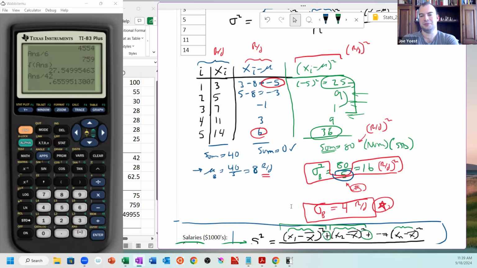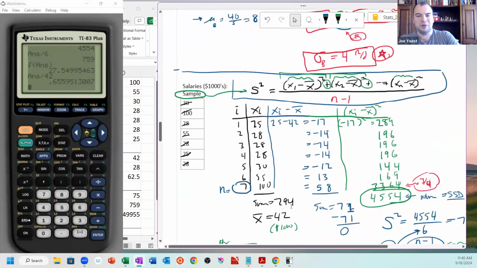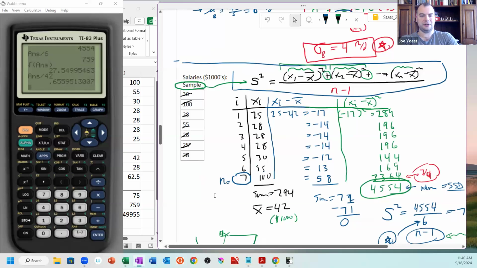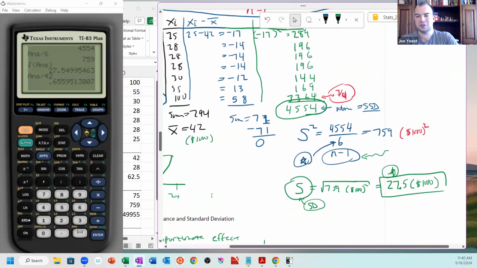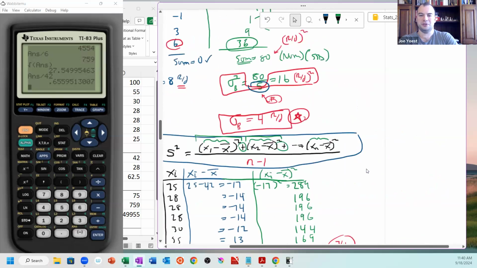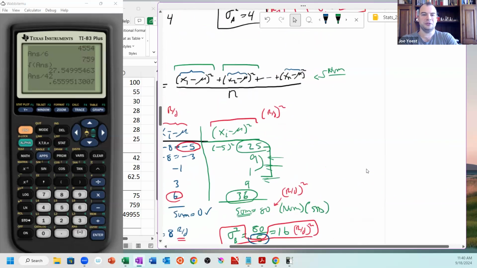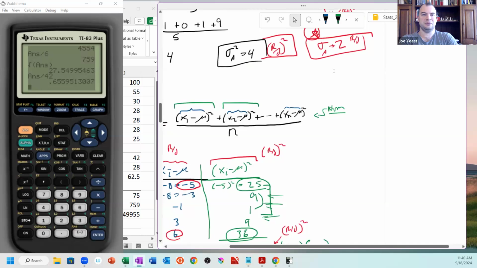Probably a fair conclusion. But if I want to compare them to the salary data and say which of these three data sets is the more variable, well, now I've got a problem. I've got, number one, an explicit unit difference. I don't want to just compare 27.5 to 4 and 2 because of the units explicitly not matching.